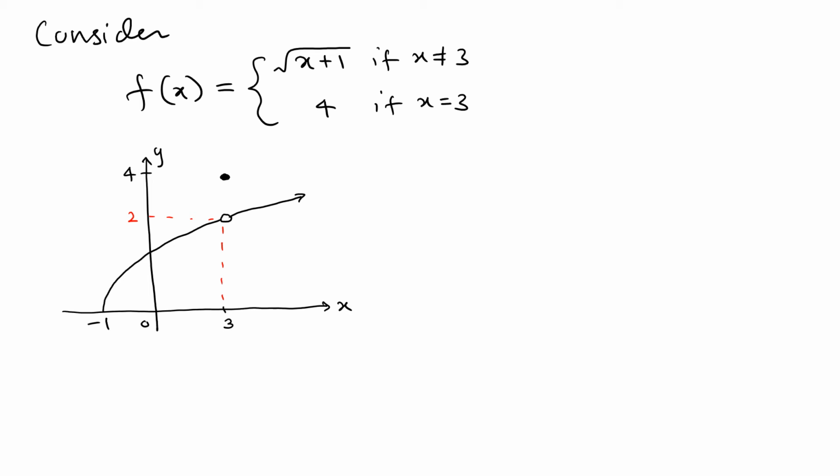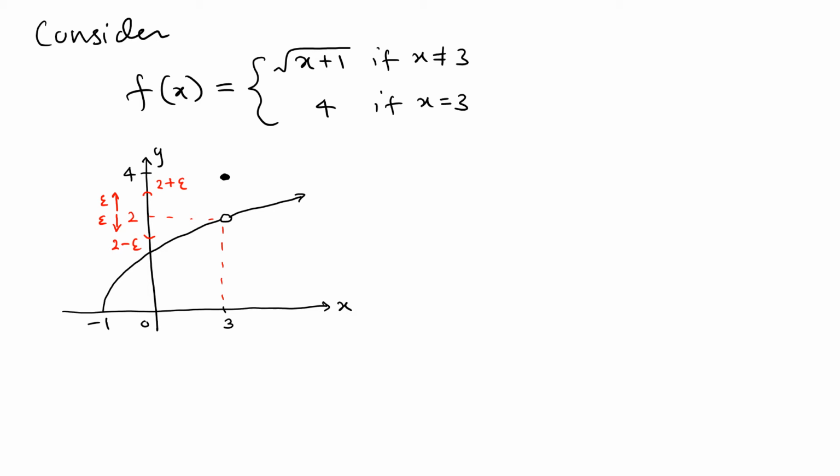What we're going to do is pick a neighborhood around 2, the epsilon neighborhood. We go epsilon distance away from 2, so this is 2 plus epsilon, and this is 2 minus epsilon.